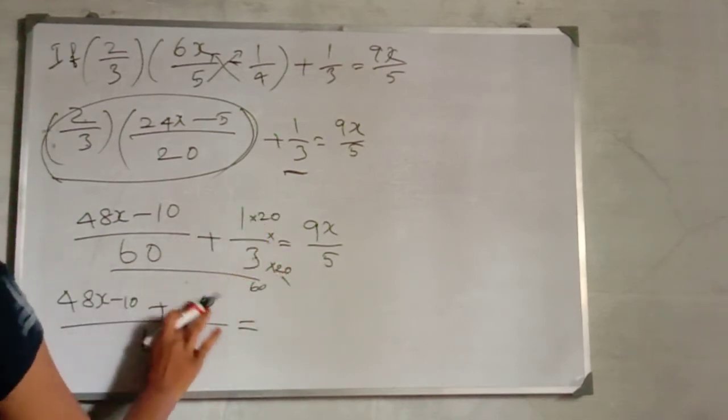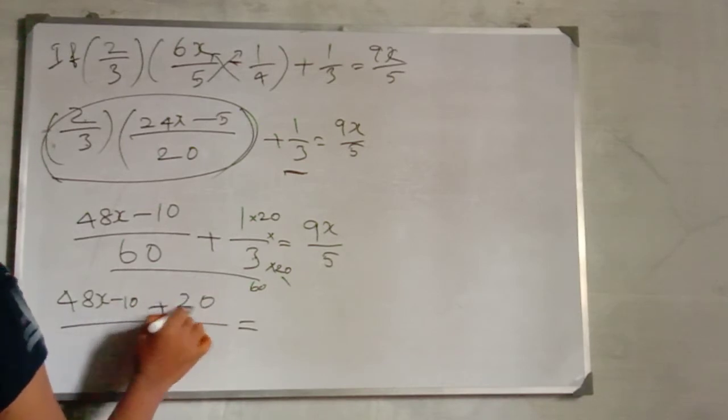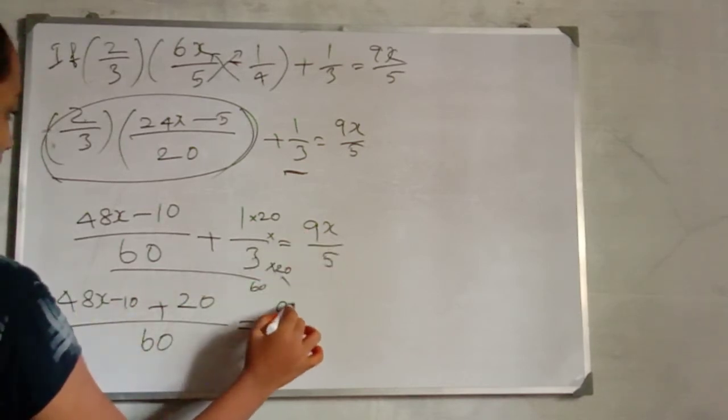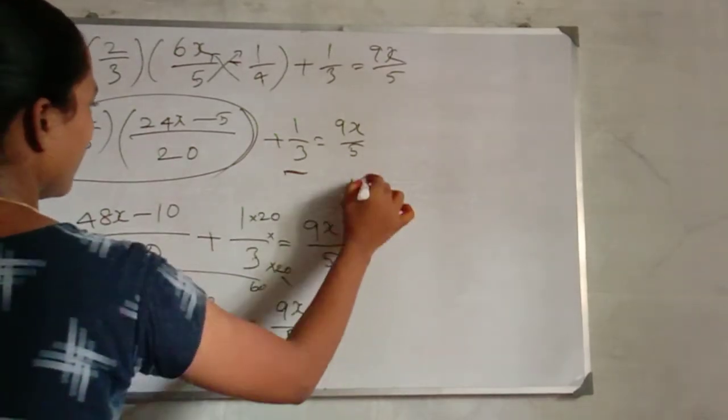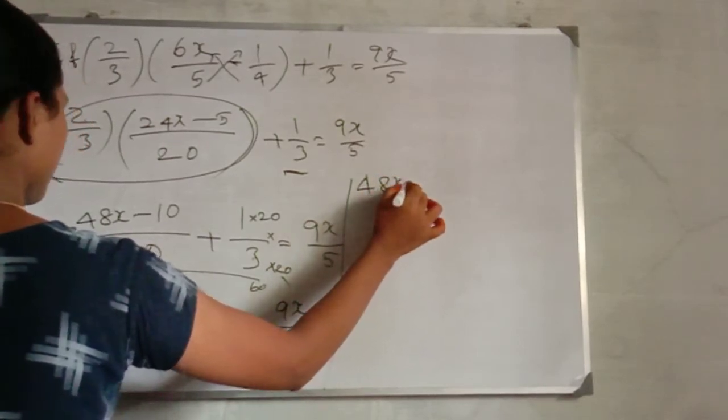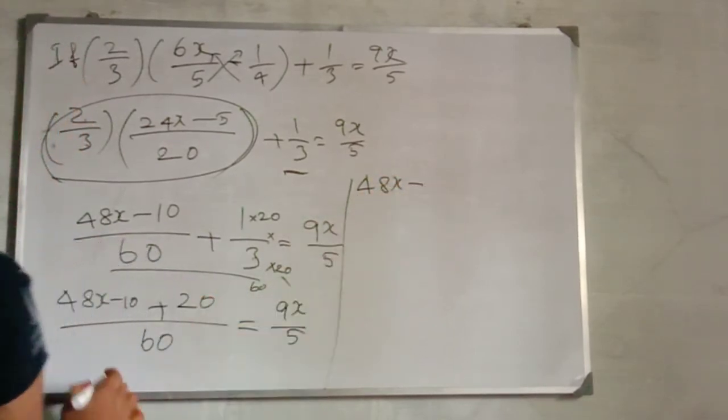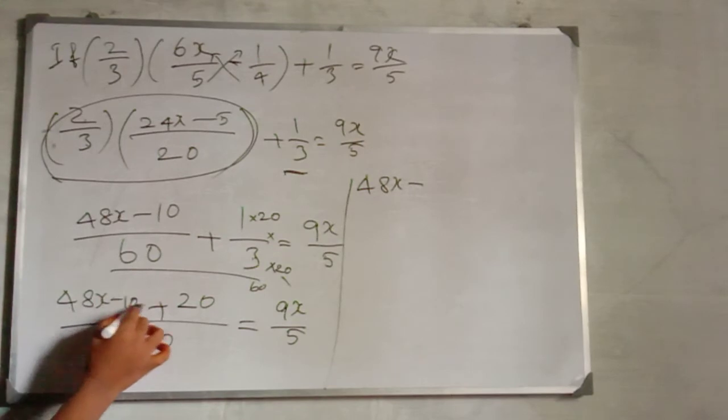So 1 into 20, 20. Here 9x by 5. And the answer will be 48x minus 10 plus 20.